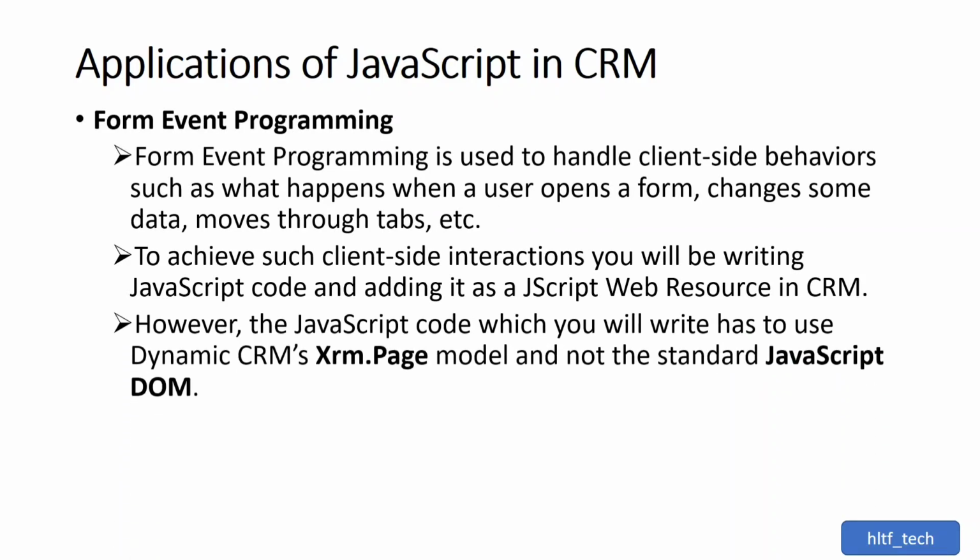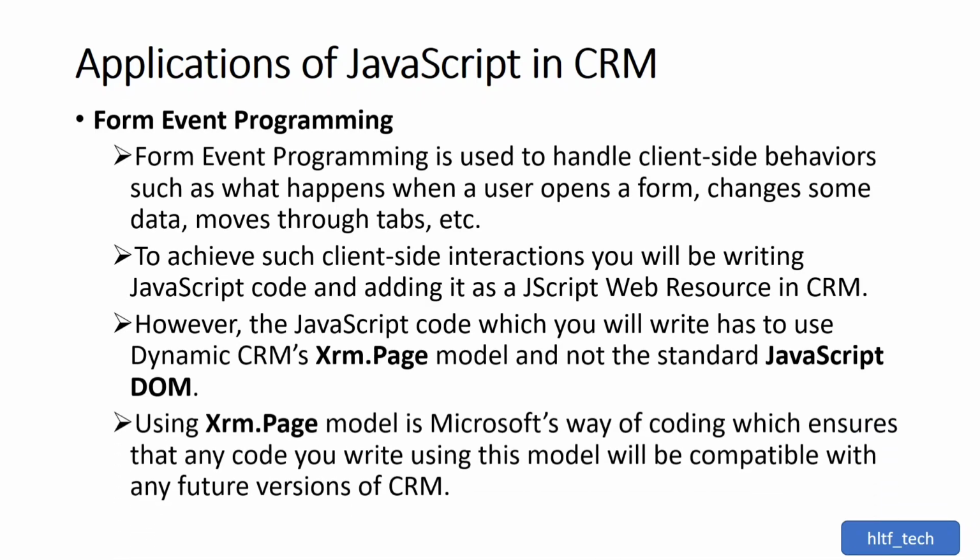Now, the JavaScript code which you write has to use the Dynamics CRM model, that is the XRM.page model, whereas in standard JavaScripting you use the JavaScript DOM. But for Dynamics CRM you are going to use the XRM.page model.